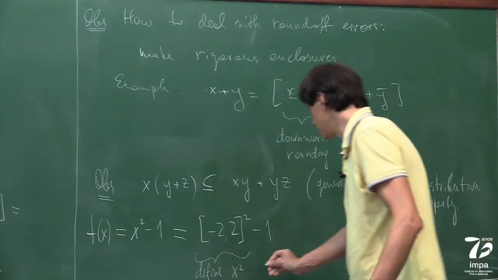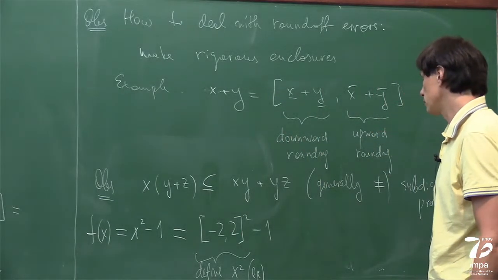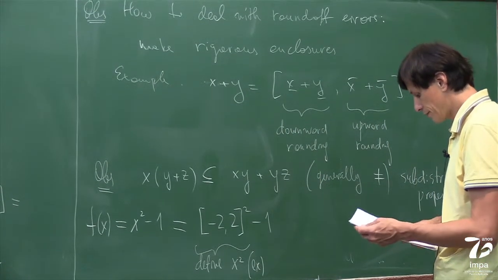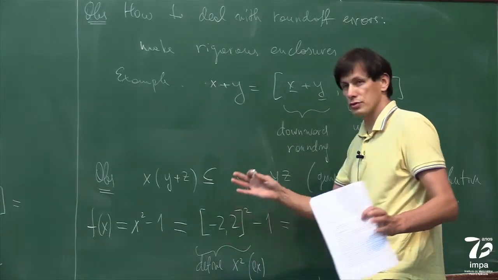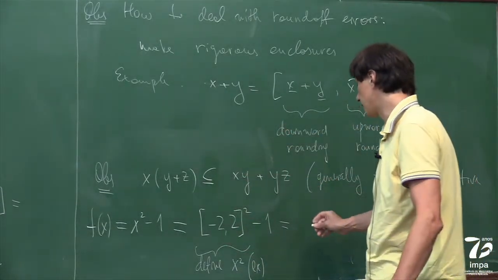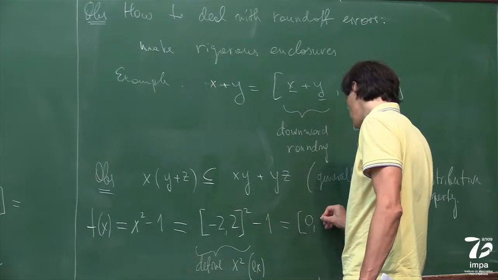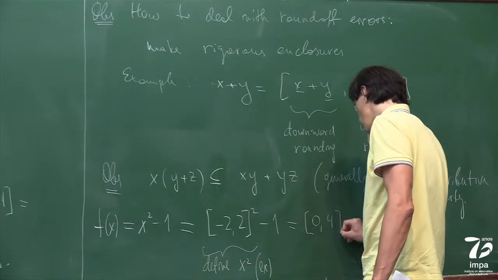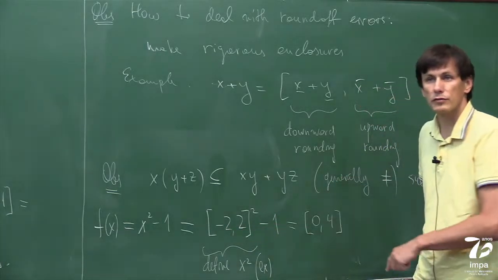So this you can do. You can make it as an exercise. We'll look at it in the book. But clearly that x squared will be from 0. You can make it in such a way which gives you just the exact interval for the result, which in that case will be from 0 to 4. It will depend which is smaller, which is bigger, which is negative, which is positive, and so on.